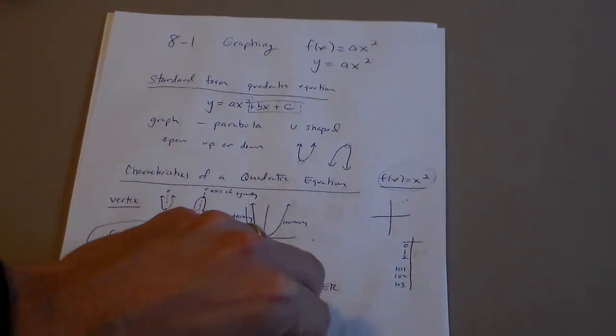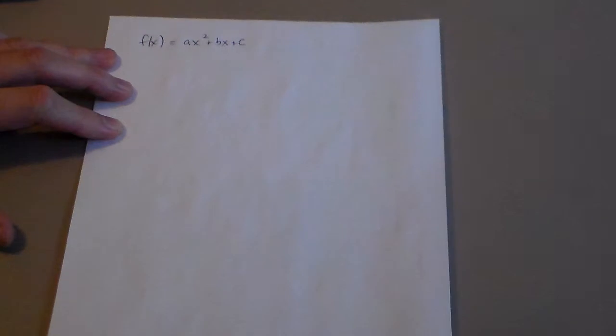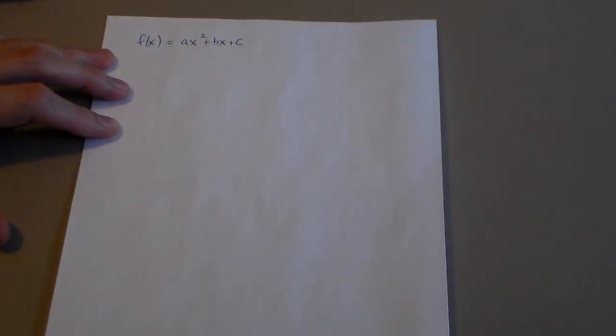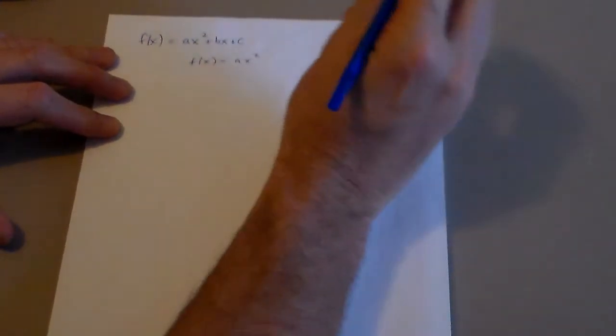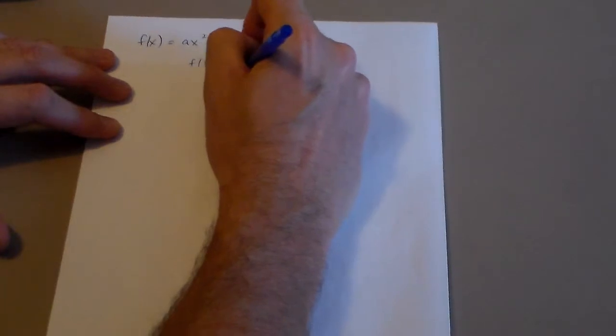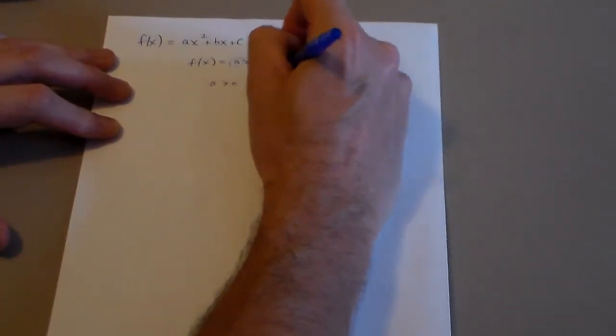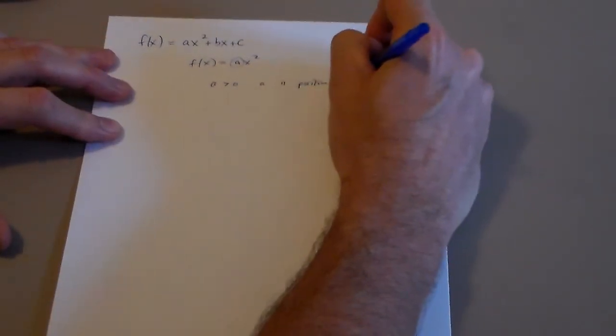Continue down in your notes. I'm running out of room, so I'm going to move the paper. We have to figure out when it opens up or down, and what determines that is A. So, if you remember, this was the original form, and I told you that in this section we're really just worried about ax squared, okay? So, if A is greater than 0, which means A is positive, it opens up.